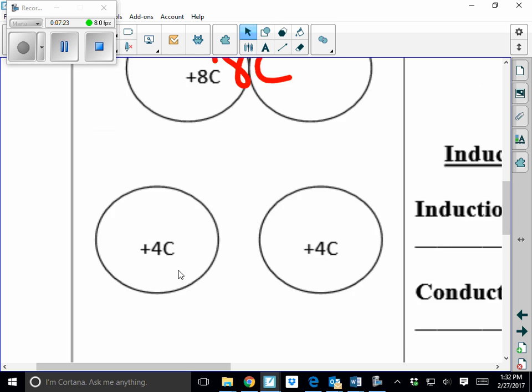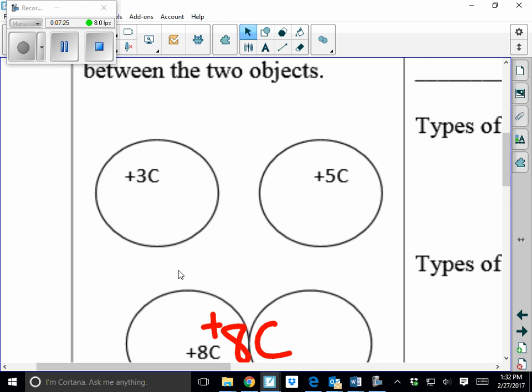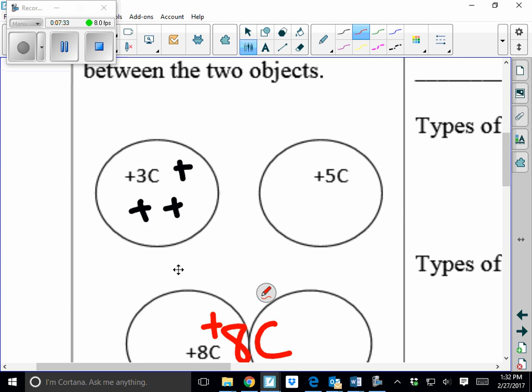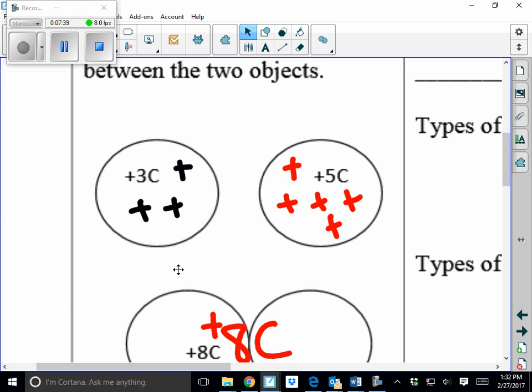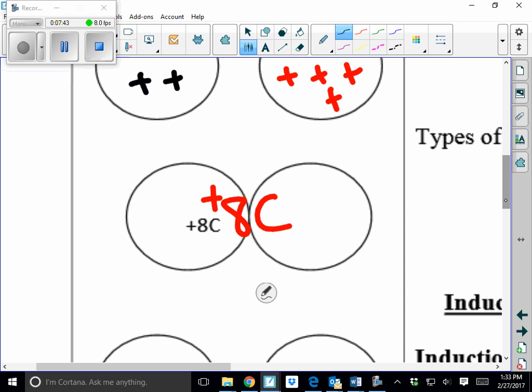Because let me draw it in terms of pictures, right? Let's say that I have plus, plus, plus here, and here I have plus, plus, plus, plus, plus. I have 5 on this side. Well, when I touch them together, I have 3 black pluses and 5 red pluses.